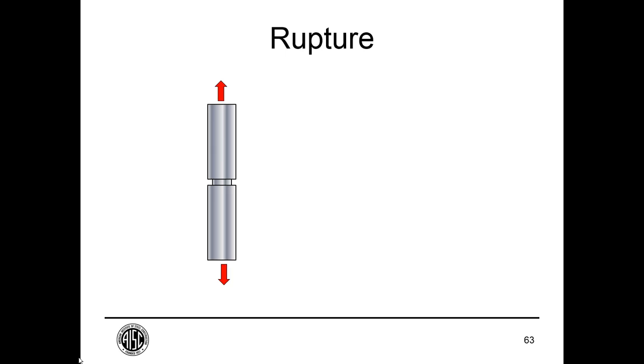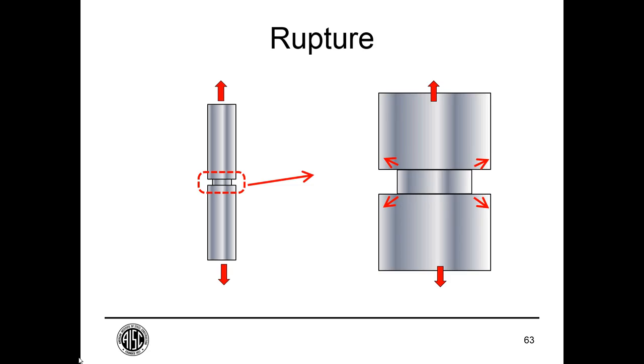So let's look at that coupon again, and instead of just a smooth coupon, we've notched it. And that notch permits the coupon, or makes the coupon, build up some transverse stresses. So it's similar to triaxial loading.